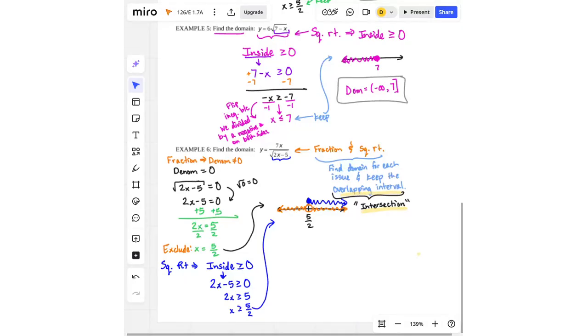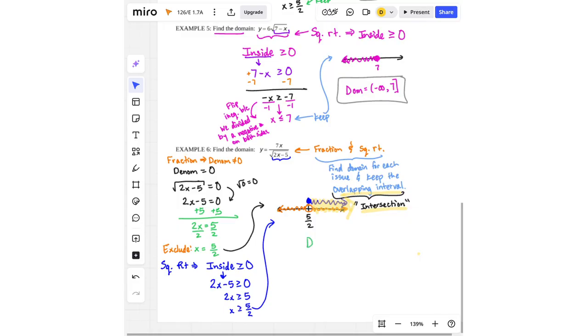So that would be this section along here that's bigger than 5 halves. And because we're going to keep this whole section, we can now write our domain.